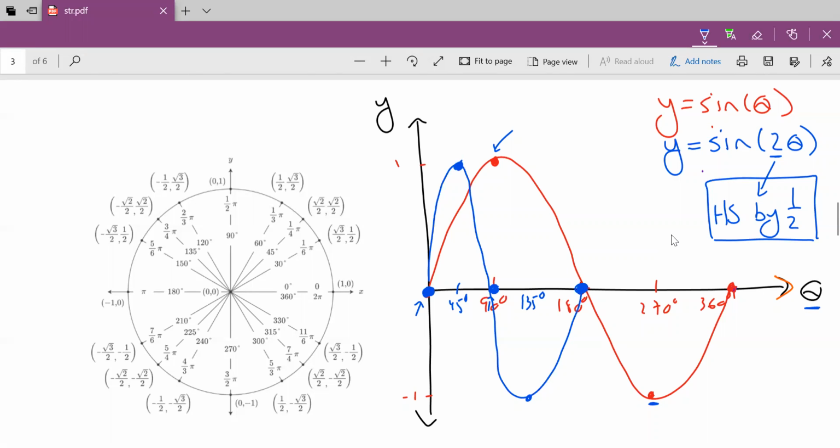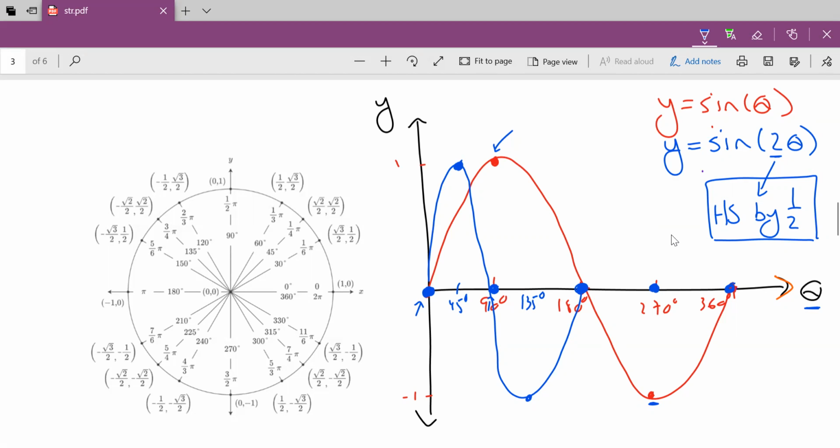All right, friends, like I said in the first example, a lot of times we're going to want to draw more than one cycle or one period. Well, I'm going to start using patterns. Look at the distance between all of my theta intercepts. It's 90 degrees. So I'm going to have another theta intercept here at 90 degrees, and another here at 90 degrees.